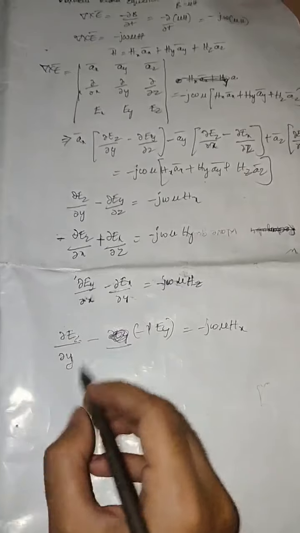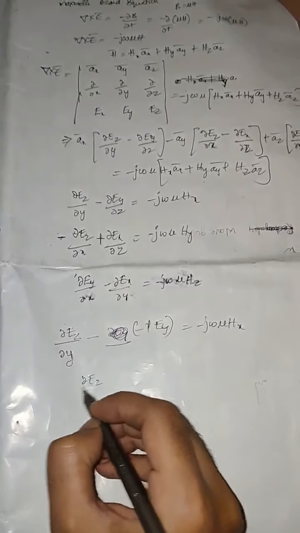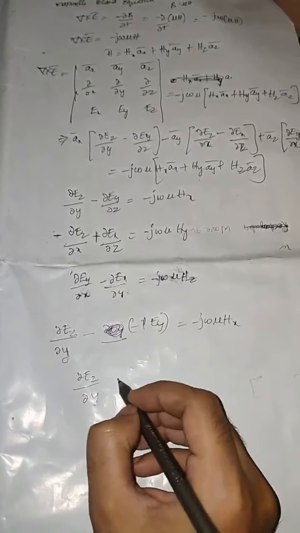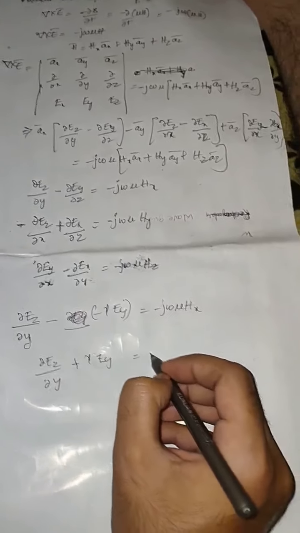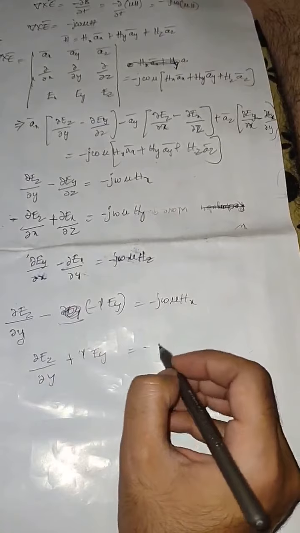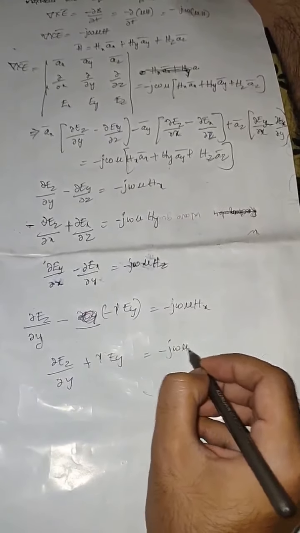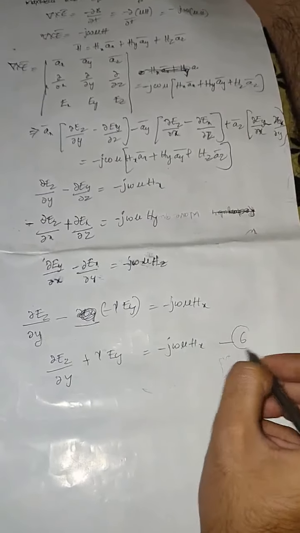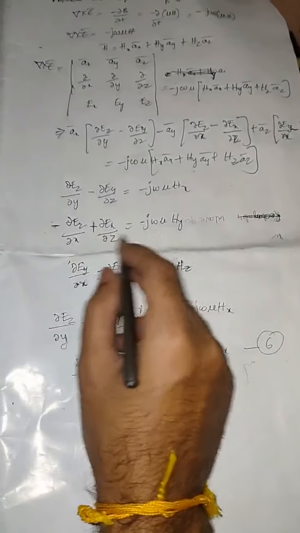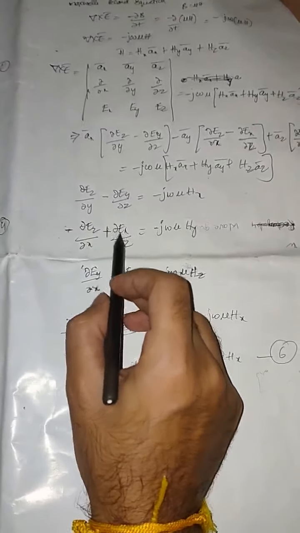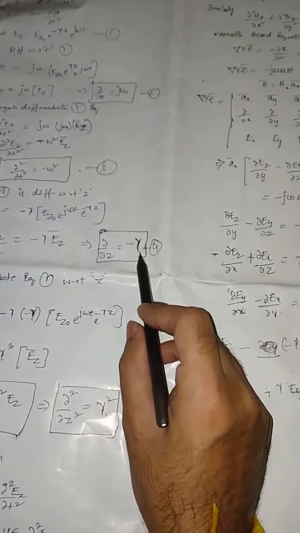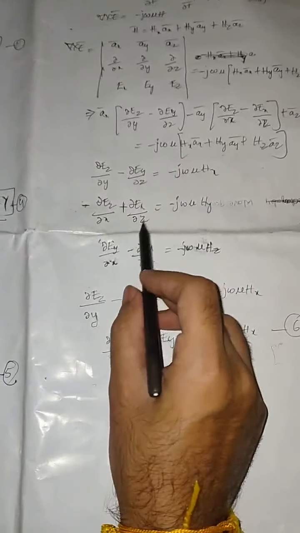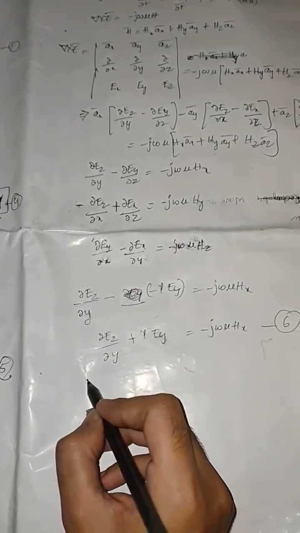Minus, so this can be written again as ∂Ez/∂y plus gamma Ey is equal to minus j omega mu Hx. So this is equation 6. Now again writing this equation by substituting the ∂/∂z value equal to minus gamma in this particular equation.